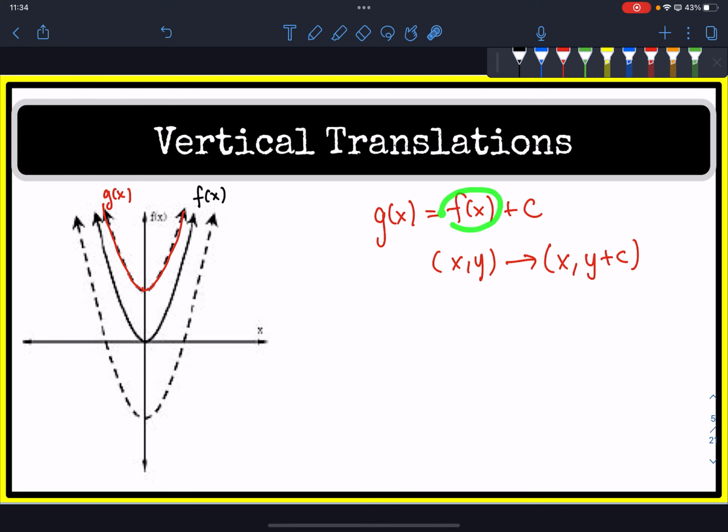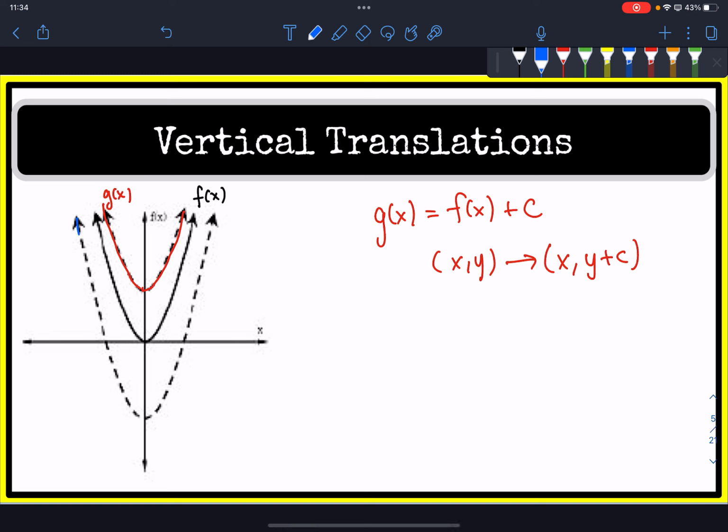That's what this notation stands for. Remember, f of x is the exact same thing as y. So we're changing all of our y values by sliding them up, keeping the same x values, but sliding up the y values to the new location, which is going to be c units higher.